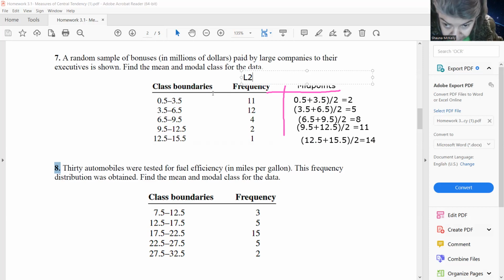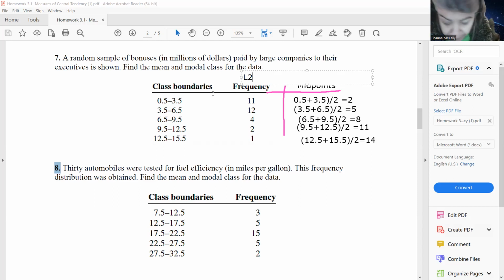All right. So our frequencies are 11, 12, 4, 2, and 1. And our midpoints are 2, 5, 8, 11, and 14.